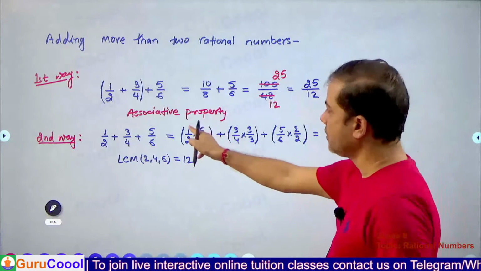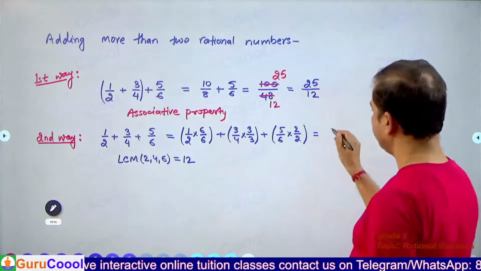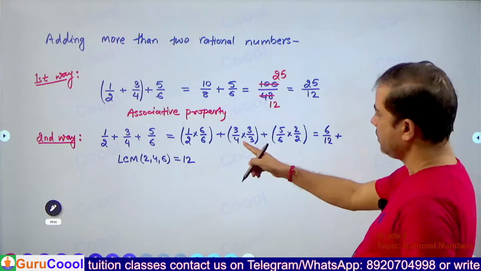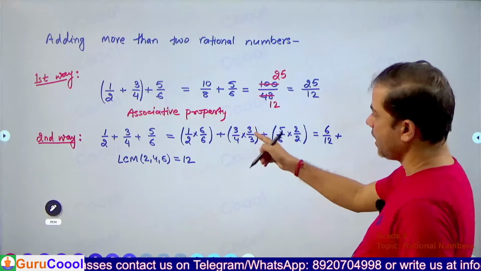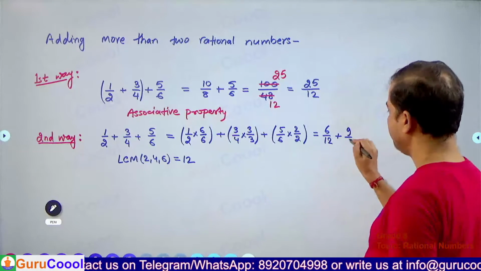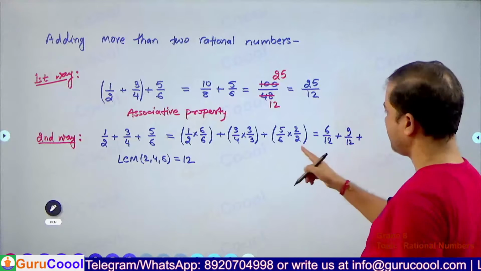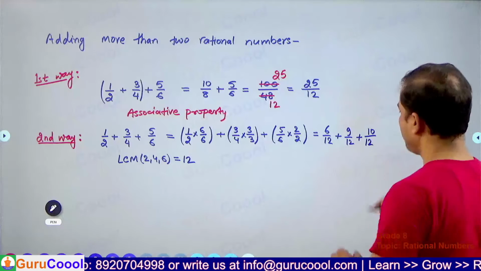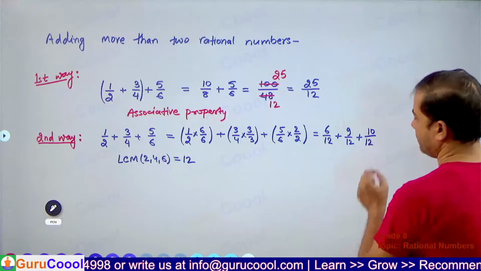First one becomes 6 ones are 6 by 12. The second one, after plus sign, 3 threes are 9 by 12. And the third one, 5 twos are 10 by 12. Now I see their denominators are same.